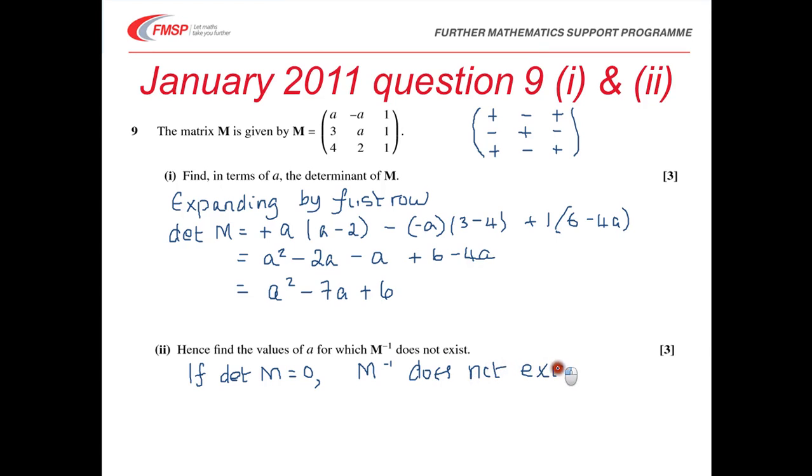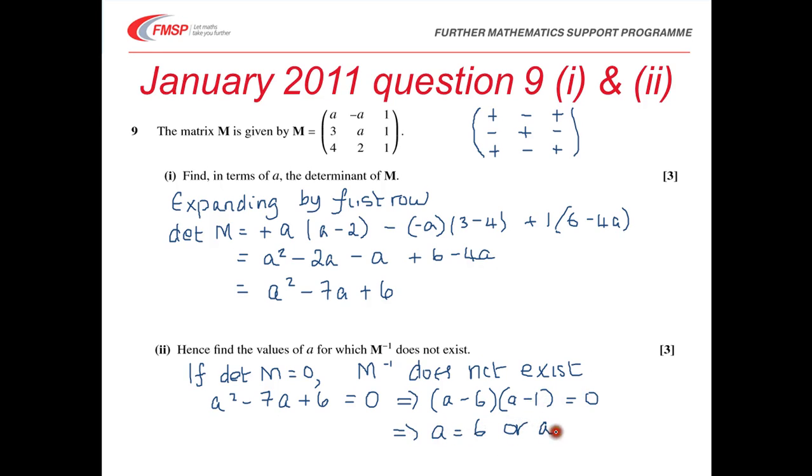And of course we therefore want to find the values of A for which A squared minus 7A plus 6 is equal to 0. And that implies, and it does factorise, (A minus 6)(A minus 1) is equal to 0. So we have two values, A equals 6 or A equals 1.